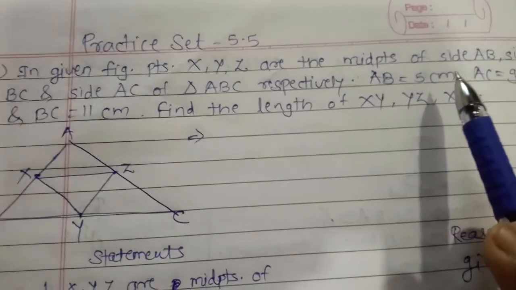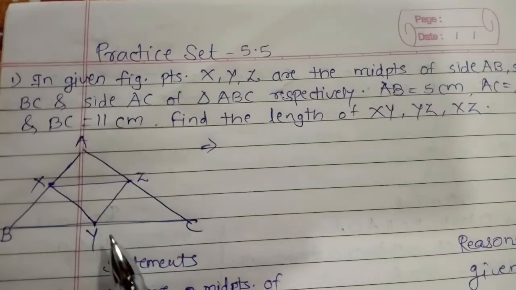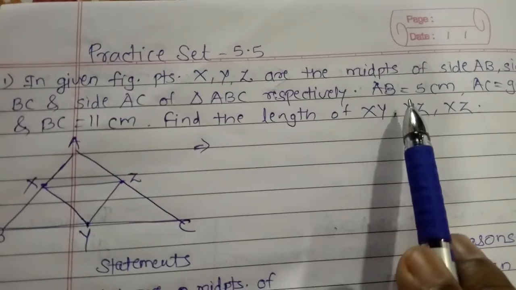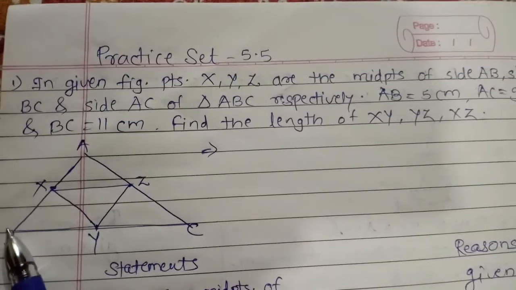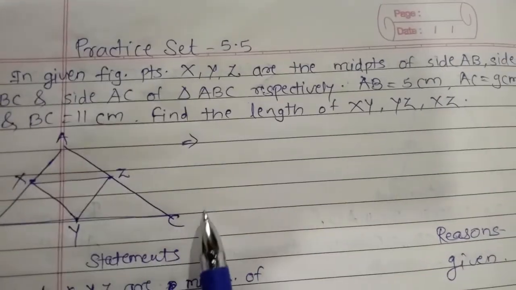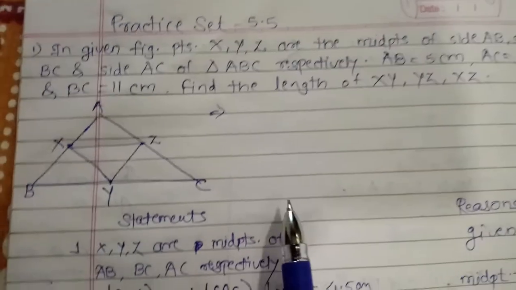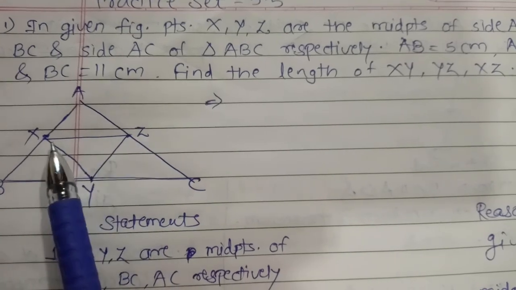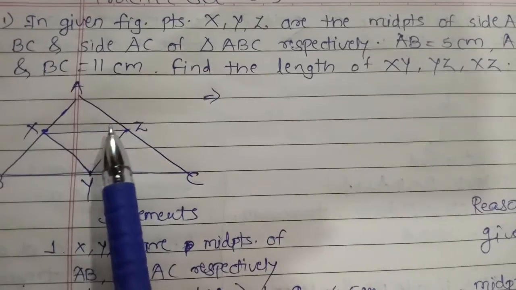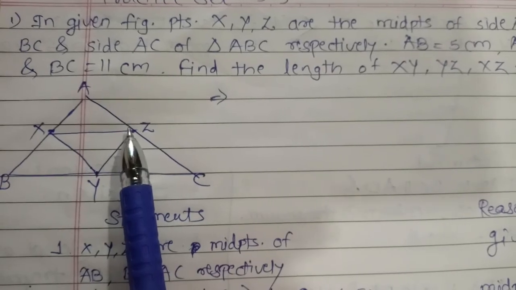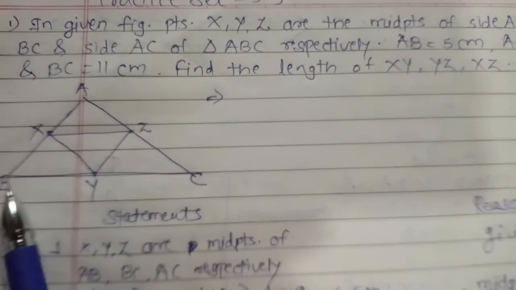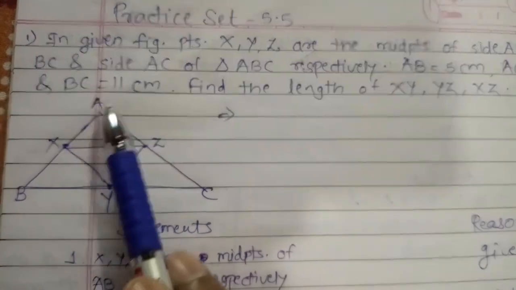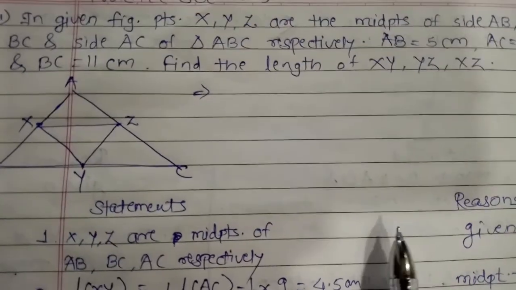We are already given that X, Y, Z are the midpoints of the sides AB, BC and AC of triangle ABC, and you are given the lengths: AB is 5 cm, AC is 9 cm and BC is 11 cm. We can find this answer orally, because these segments XY, YZ and XZ join the midpoints of the sides. So XZ is half of BC, similarly YZ is half of AB and XY is half of AC. We can find it orally if you know the midpoint theorem.